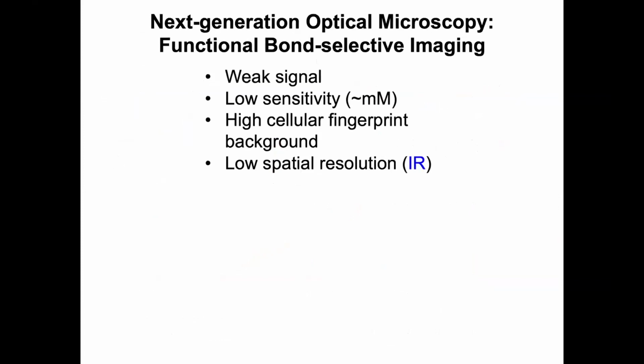The traditional issue with spontaneous Raman scattering or mid-infrared-based absorption is that the signal is relatively weak. So we usually suffer from low sensitivity in the range of millimolar, and also without tagging, in the typical label-free fashion, we would run into a high cellular fingerprint background issue. Specific to infrared absorption, it also has low spatial resolution that doesn't give you subcellular resolution.